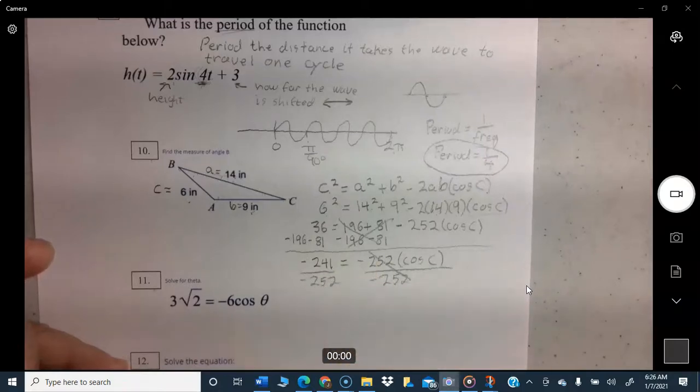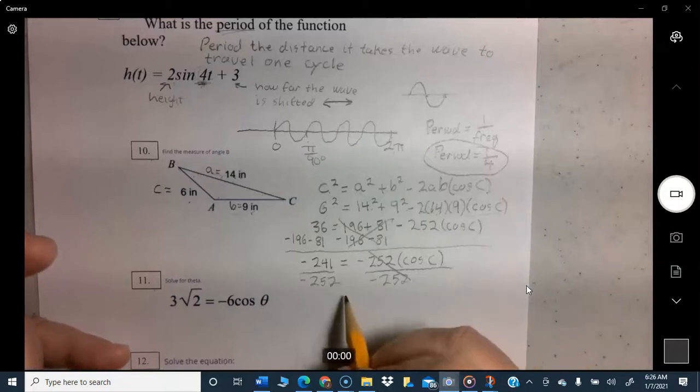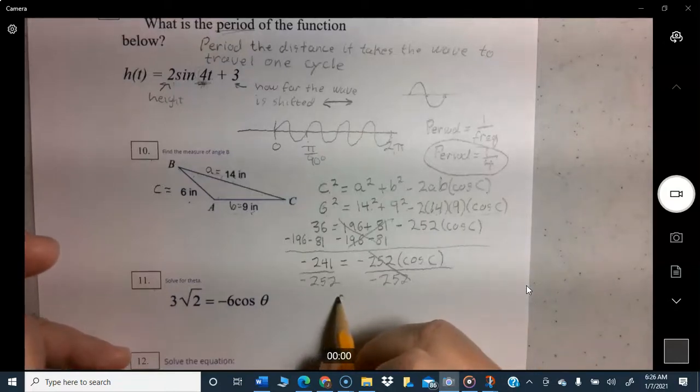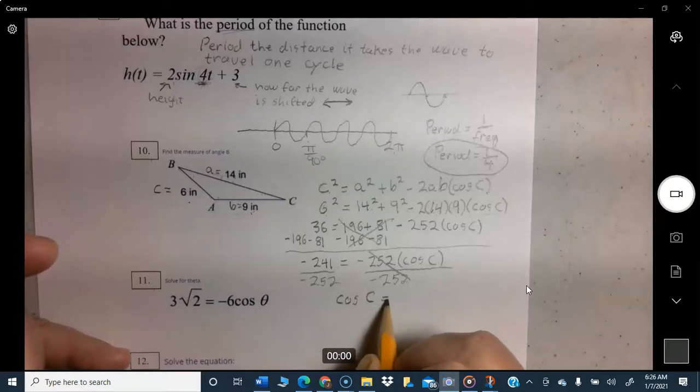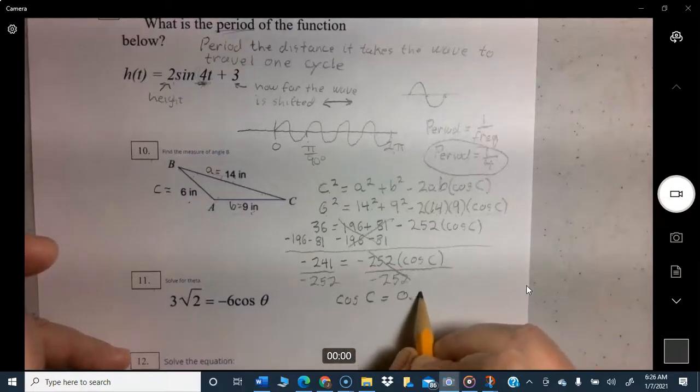This cancels, and 241 divided by negative 252 equals 0.95. So that means cosine C equals 0.95.